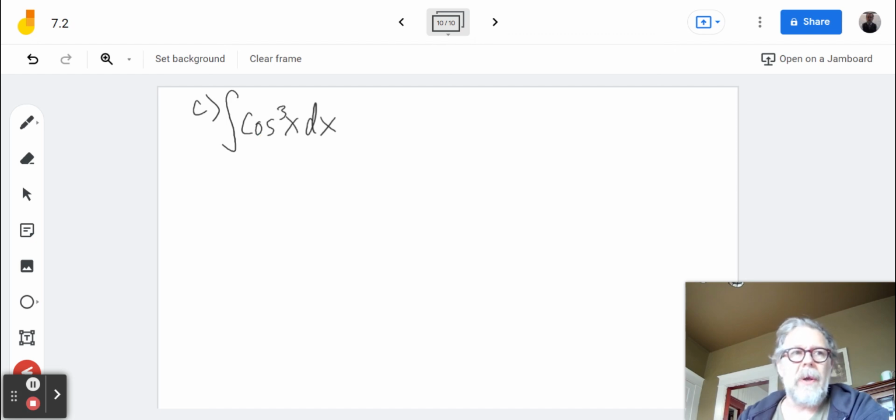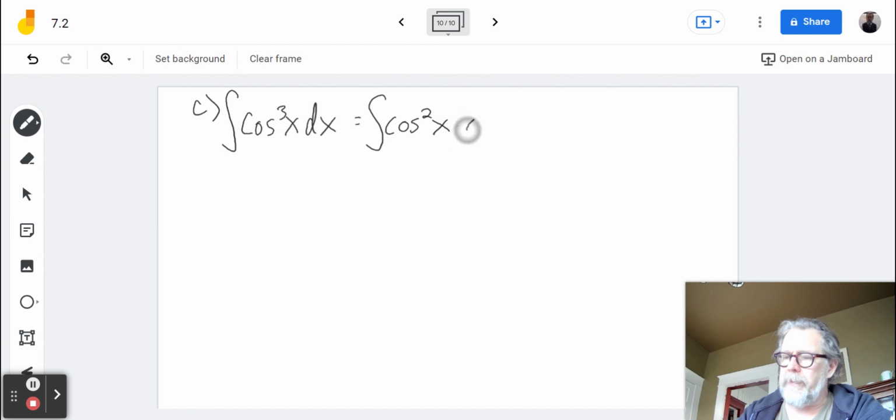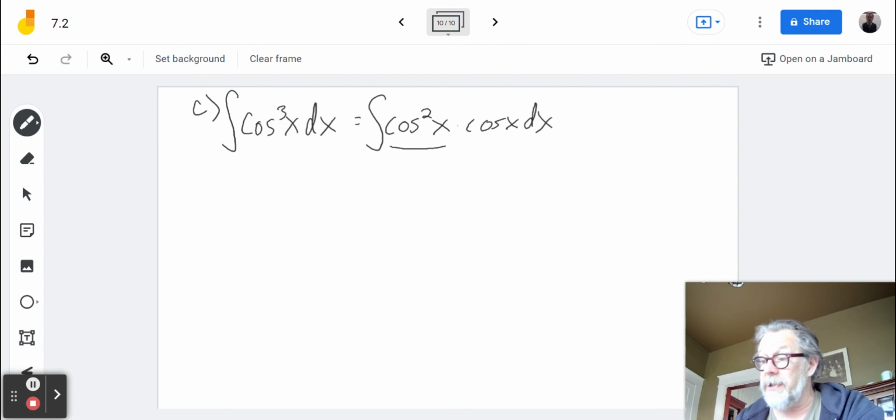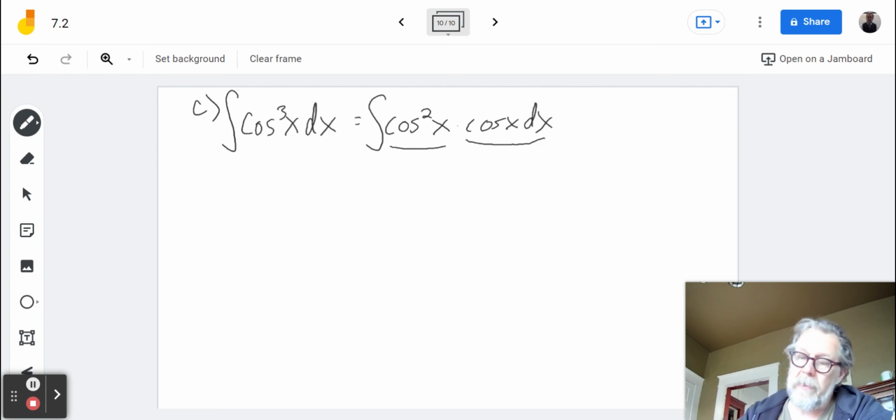But what we could do is split this up into cosine squared times cosine x dx. And hey, I have a relationship between cosine squared, which tells me it has to do with sine squared, and the derivative of sine is cosine, so maybe I'm onto something here.